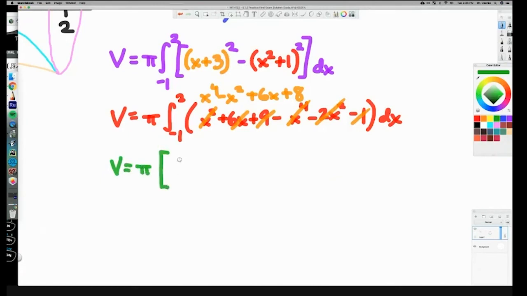Okay, I'm going to do the antiderivative here. 1/5 x to the 5th minus 1/3 x to the 3rd plus 3x squared plus 8x. And we're integrating this from negative 1 to 2.